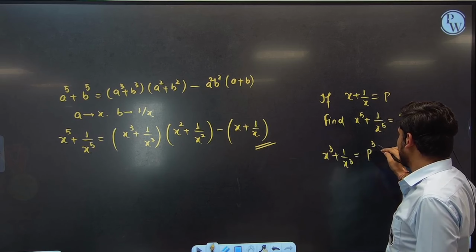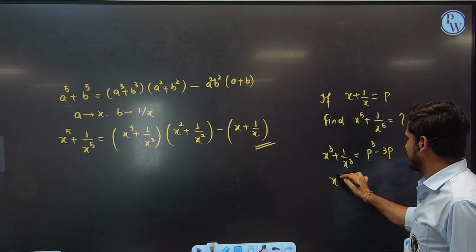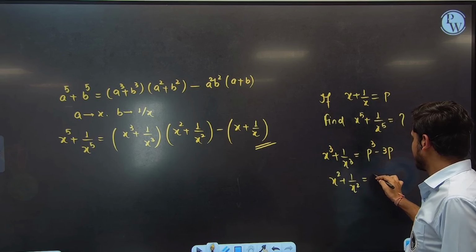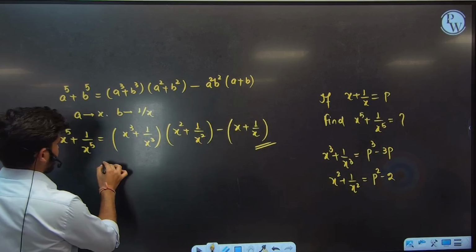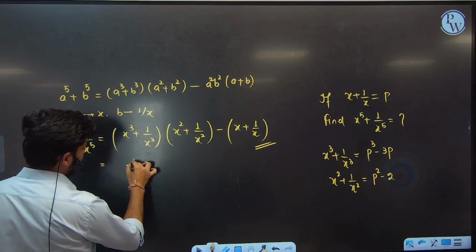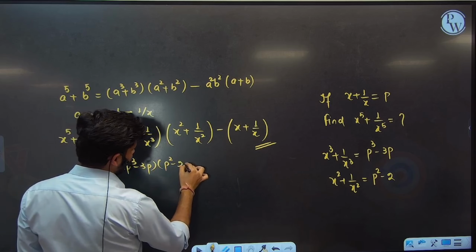So p cube minus 3p, and x square plus 1 upon x square is p square minus 2. So x cube plus 1 upon x cube is p cube minus 3p, into p square minus 2, and minus p.